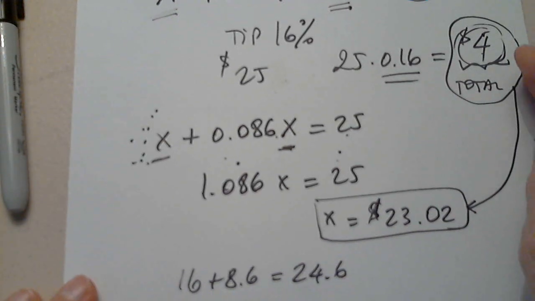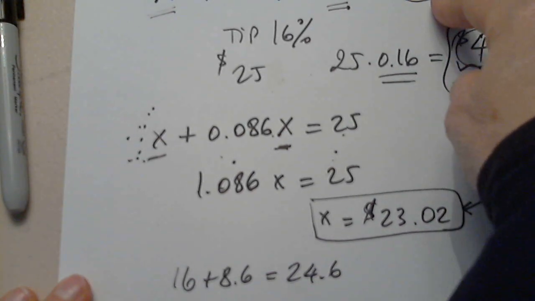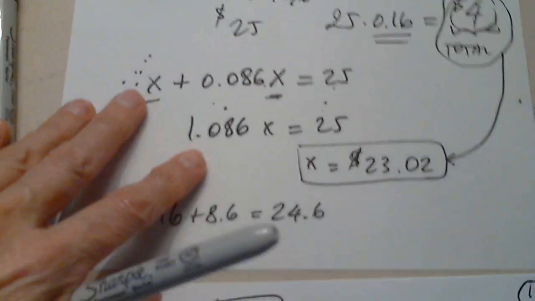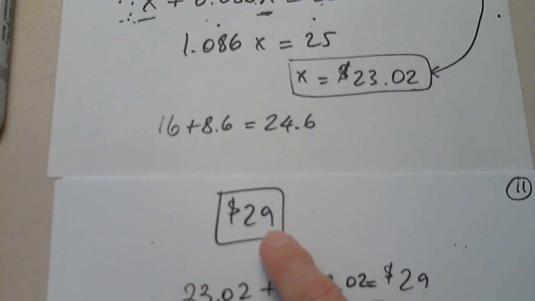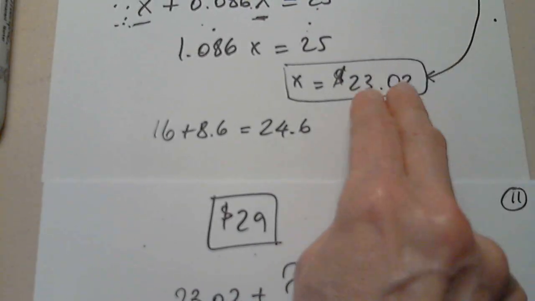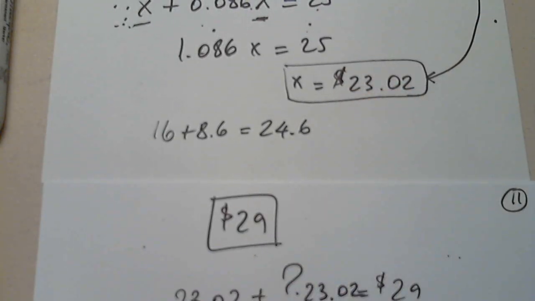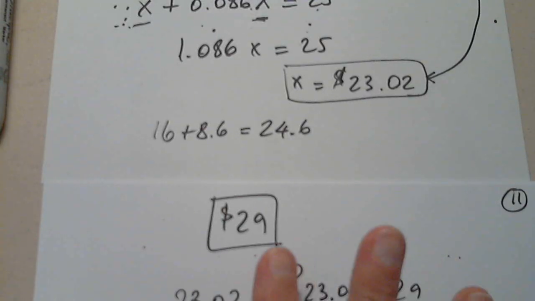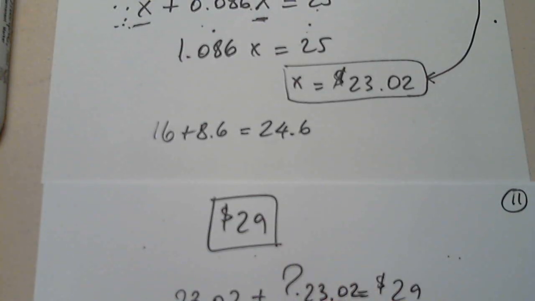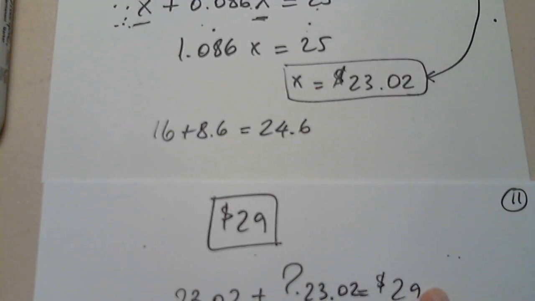Then I had to add $4 to 25 to have the total bill. So this is the total bill now. It's 29. She's paying 29, which means to the original price per sandwich of 23.02, she's adding a percent on 23.02, and she ends up paying $29.